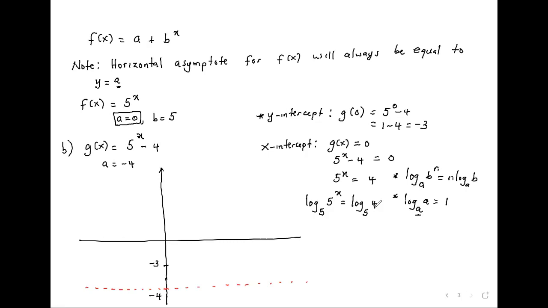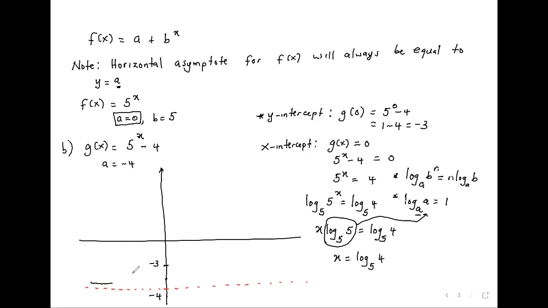So that when x comes down, we remain with x log 5, 5, which is equal to log 5, 4. So this one here, using this property, becomes 1. So we remain with x is equal to log 5, 4. That is where it will cut to be the intercept.